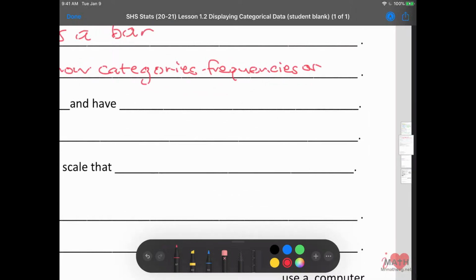We just learned that last section. Frequencies are count, and then relative frequencies are turning them into a fraction decimal.